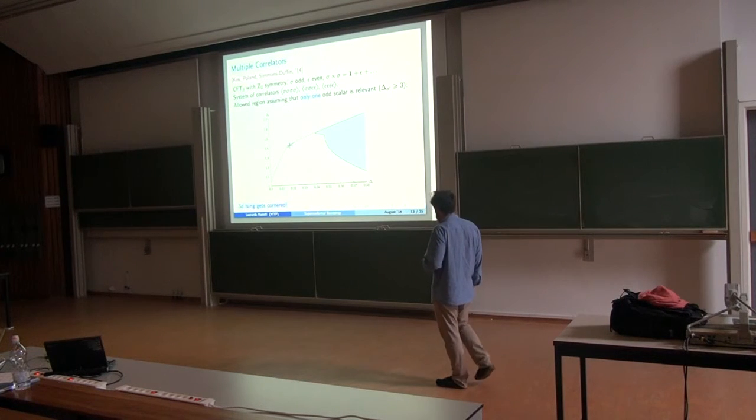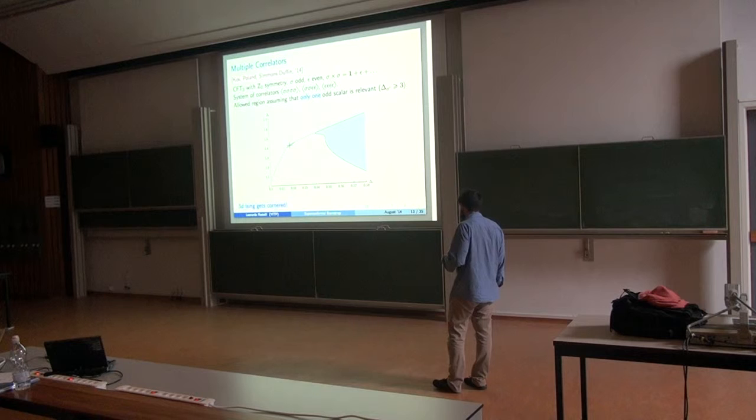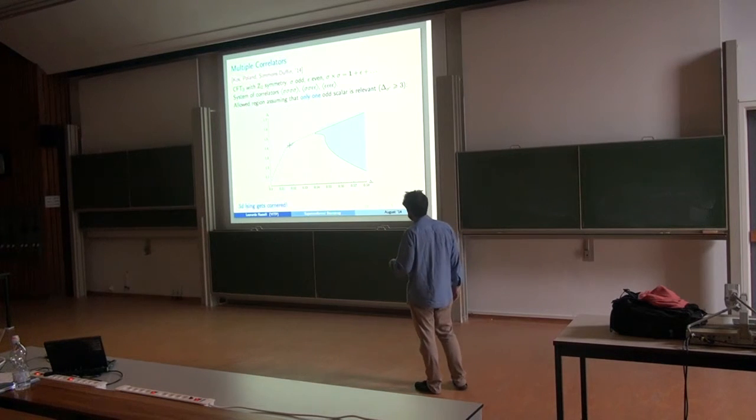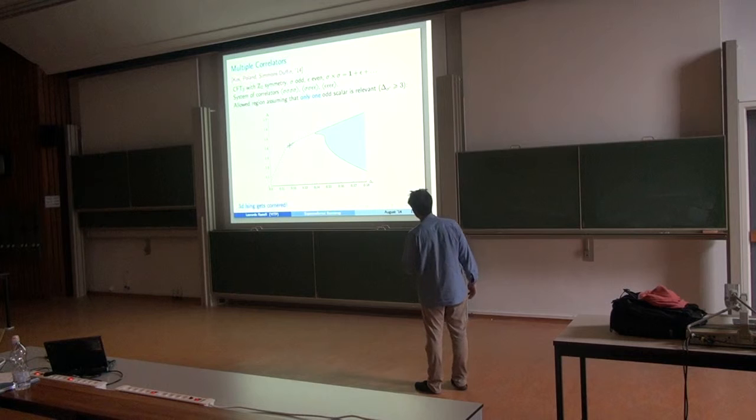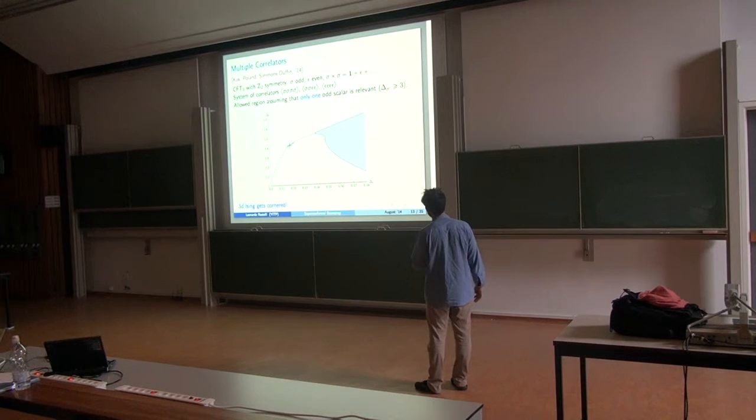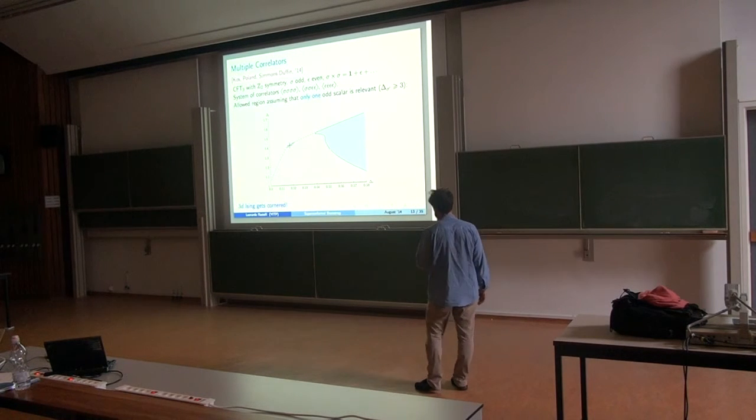What you can do further, and this was done in a paper by Kos, Poland and Simmons-Duffin a couple of years ago, is consider a more complicated system of constraint equations where you now look at the set of these three 4-point functions: 4 sigmas, 2 sigma and 2 epsilon, and 4 epsilon. This is the complete set for the lowest dimensional scalars that is compatible with the symmetry.